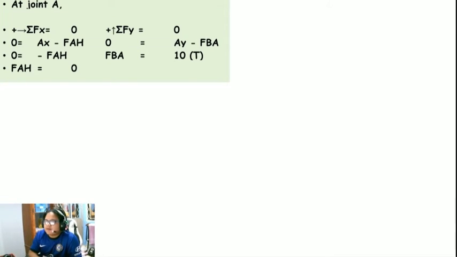By using the method of joints, I will get each member force. At joint A, I got FAH equals 0 and FBA equals 10. FBA is in the same direction as in the FBD, which shows the forces exerted at each joint, so the member is in tension.